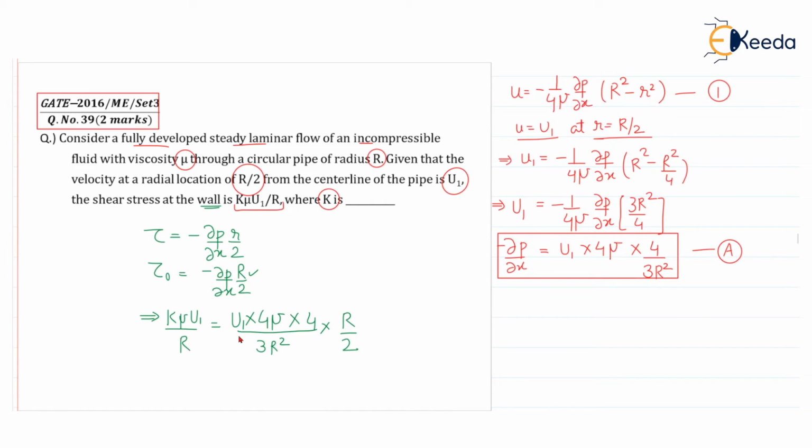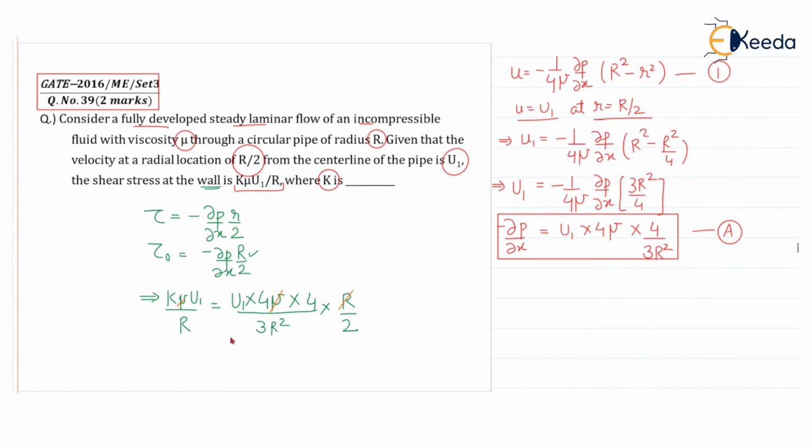First of all, this mu gets cancelled with this mu, correct? And the R square, this R can be cancelled with this R, so all the R can be cancelled here, radius is cancelled now. And u1, yes, this u1 can also be cancelled with this u1.